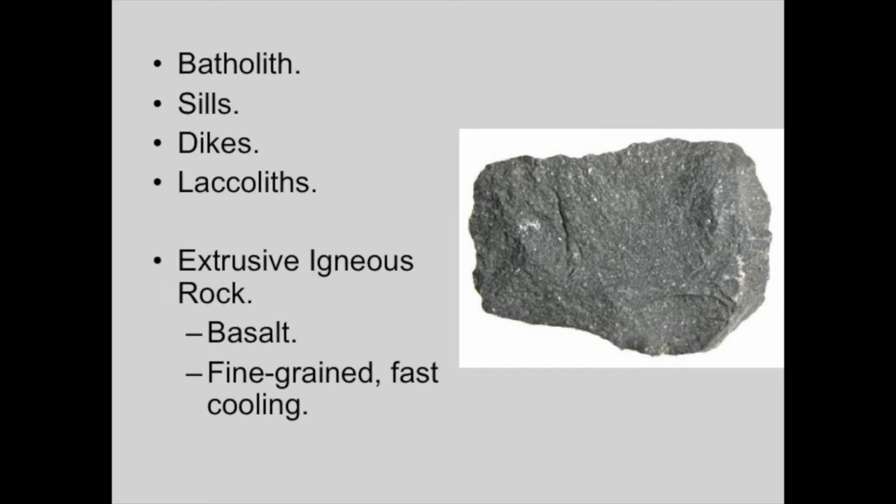Smaller plutons exist, though. These will include magma conduits in ancient volcanoes that again have cooled and hardened, and they will often be expressed in a parallel fashion. These smaller plutons that have this parallel nature to them will be referred to often as sills.